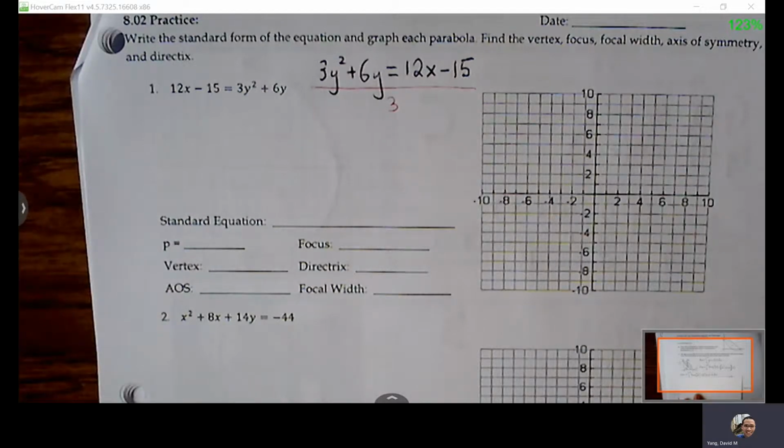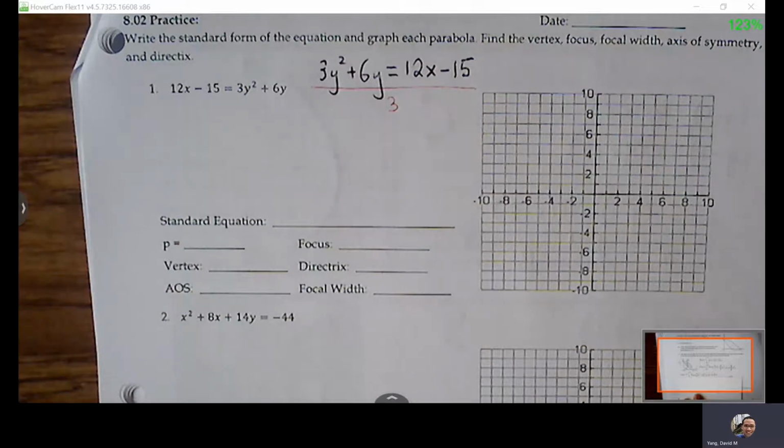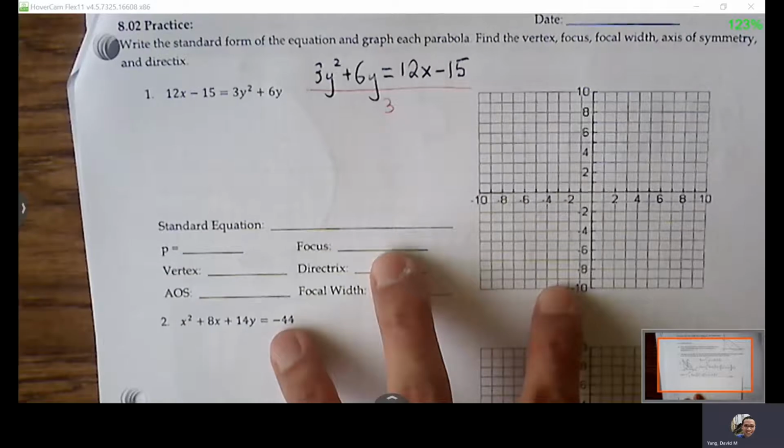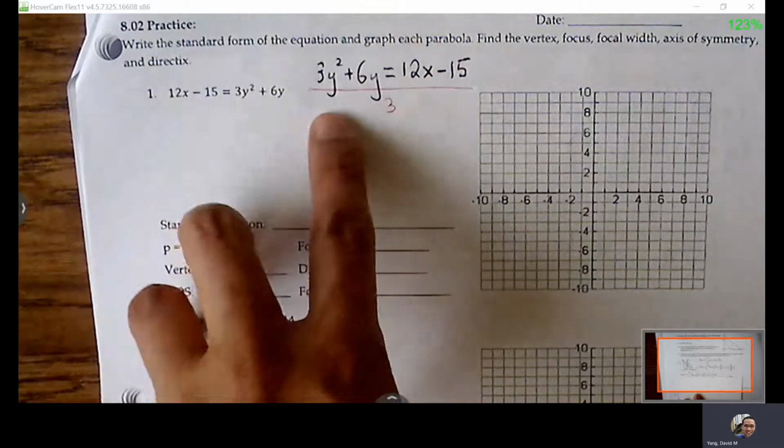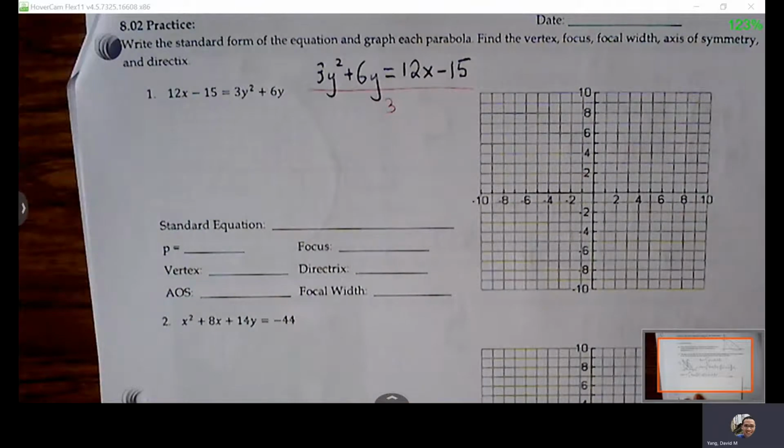Everybody good with this page? So this is what I did for number 1 on page 5. I just made them switch sides. I made the 3y squared plus 6y on the left side because ultimately I know it's going to be on the left side. I'm just going to make that right side the left and the left side the right side.